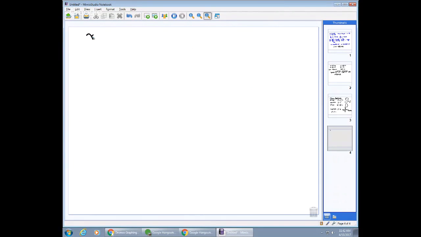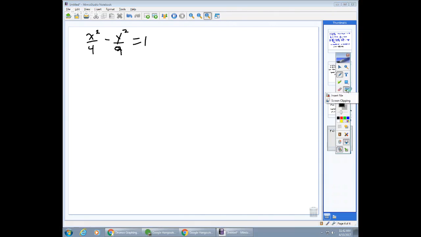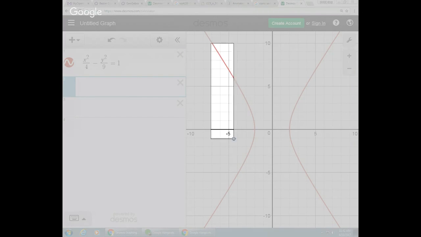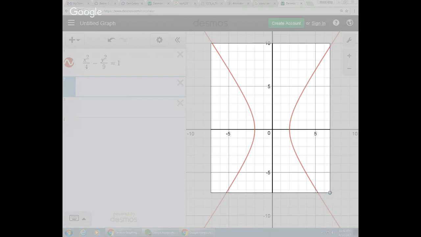I think it was x squared over 4 minus y squared over 9 equals 1. I'm going to get a snapshot of its graph, and then we'll identify the asymptotes.